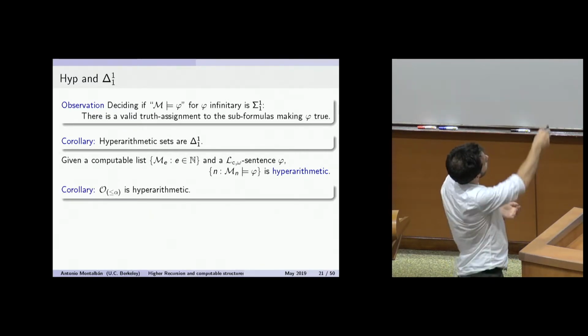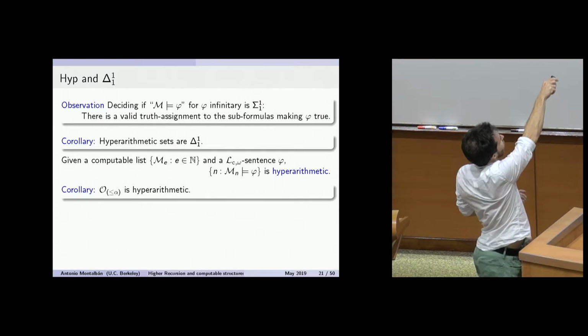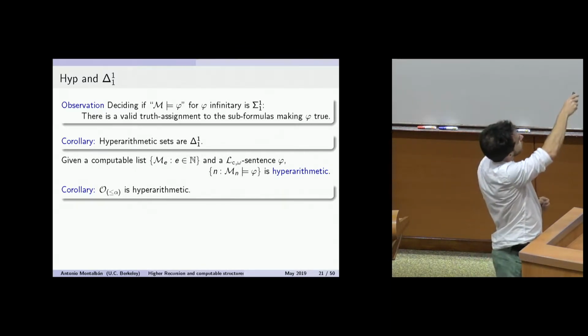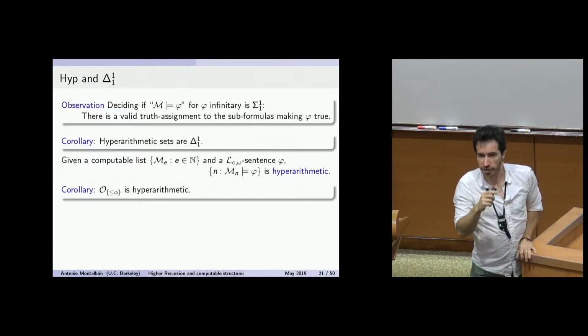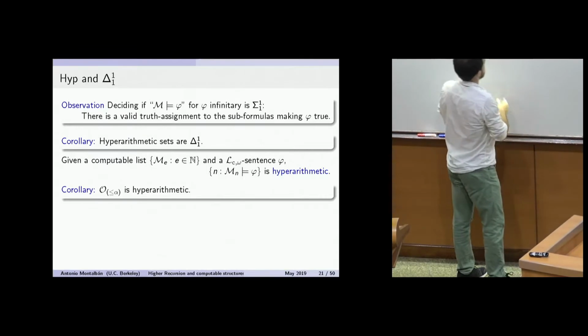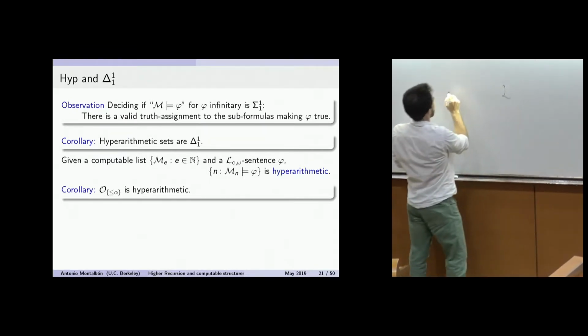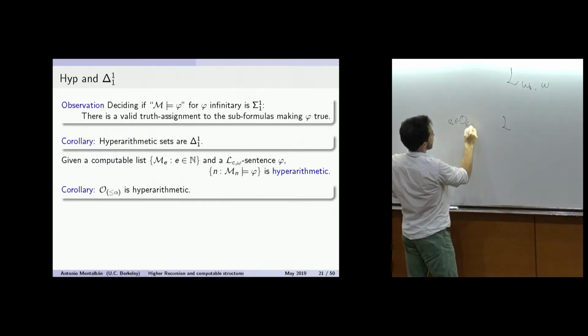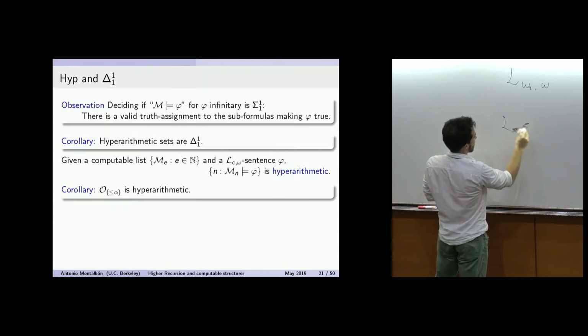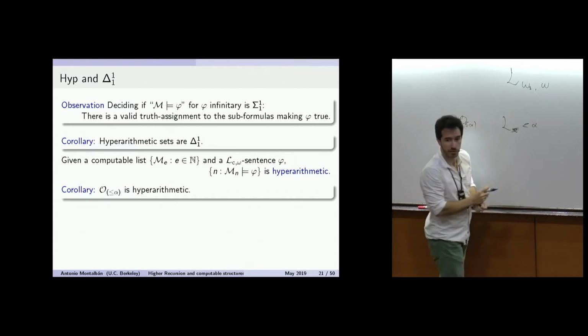So in particular, this set, O less than or equal alpha, is hyperarithmetic, because I don't know if you remember, this is a set of indices of linear orderings such that L sub e is less than or equal alpha. E belongs to O less than or equal alpha if L sub e is less than or equal alpha.